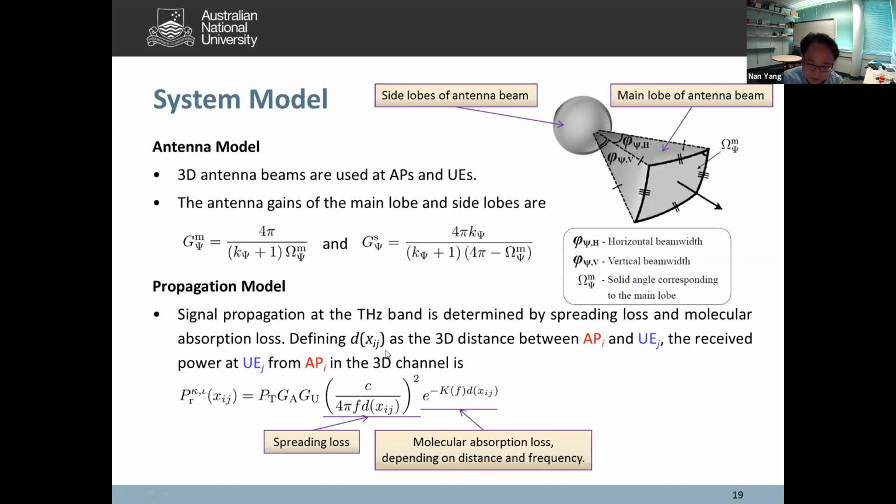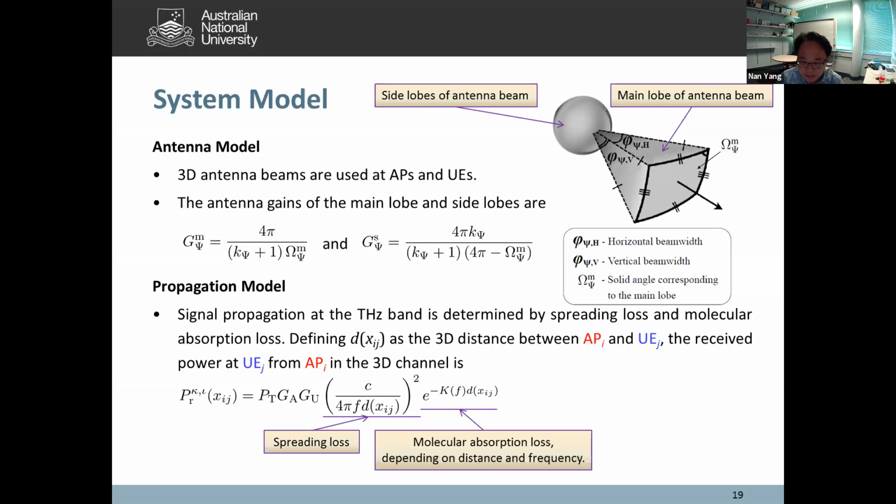Based on this, if we define d_ij as the 3D distance between the AP and user, then the received signal power at the user is given by this result, where we use the power-law factor to denote the spreading loss, and then we use this exponential function to denote the molecular absorption loss. And definitely the molecular absorption loss depends on distance and the frequency. This has been shown in one of our previous slides. So this is the propagation model.